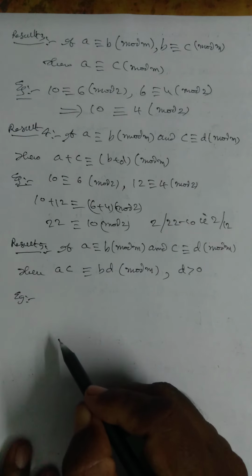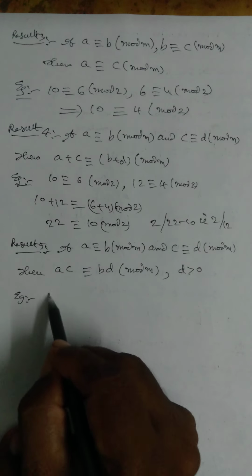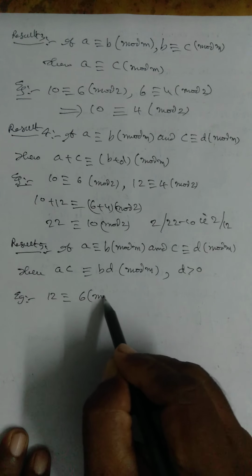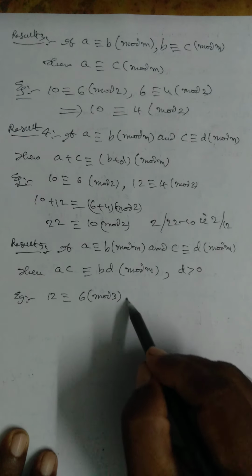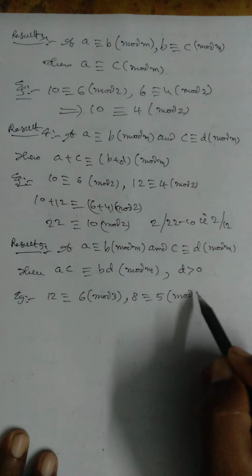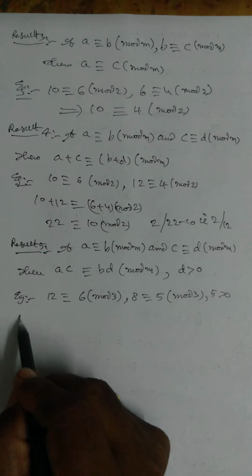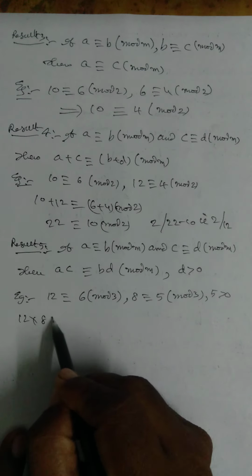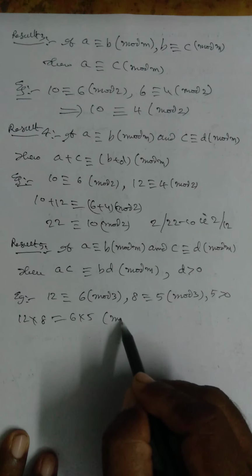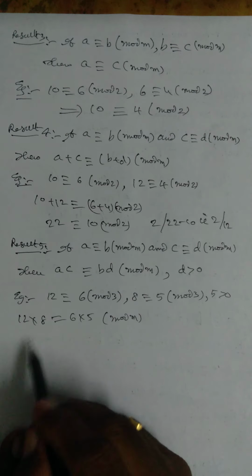Example: 12 is congruent to 6 mod 3. 8 is congruent to 5 mod 3. 5 is greater than 0 here. 12 into 8 is congruent to 6 into 5 mod 3. ac congruent to bd.